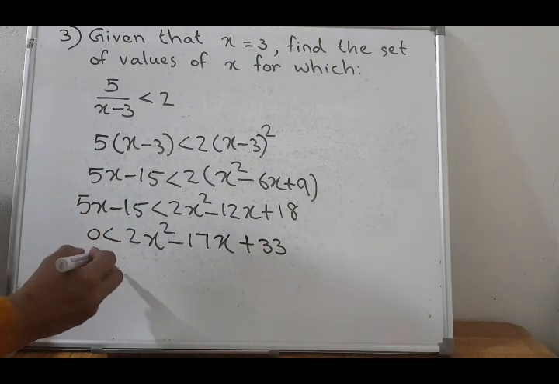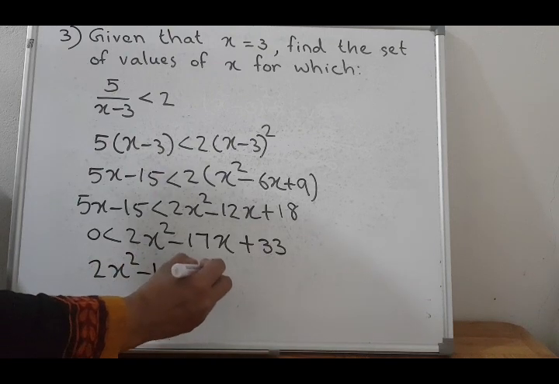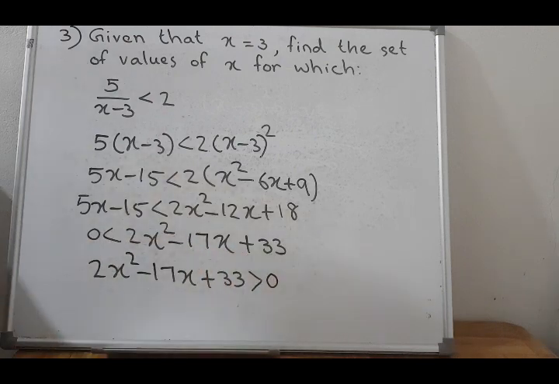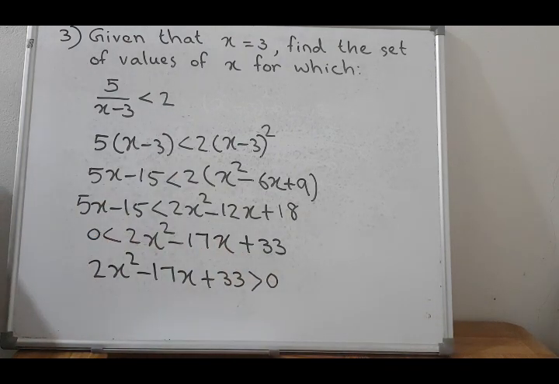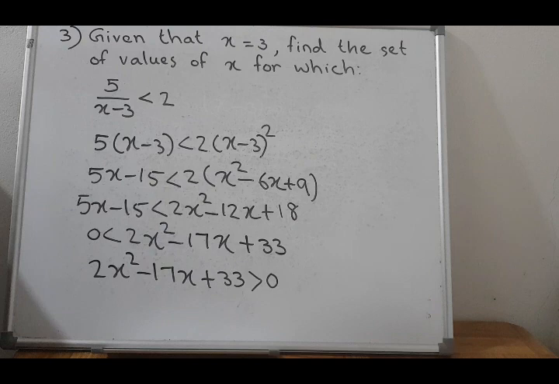Or we can write it as 2x square minus 17x plus 33 greater than 0. Same, right? 0 less than this means this is greater than 0. Now what do we need to do? We have to solve the corresponding quadratic, that is 2x square minus 17x plus 33 is equal to 0.